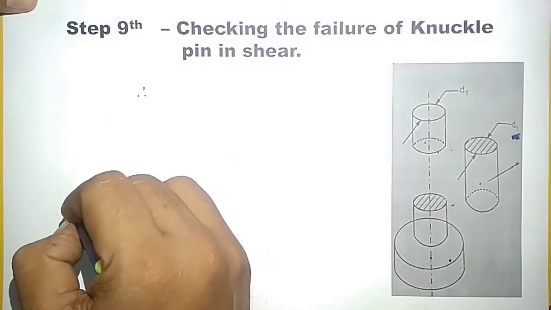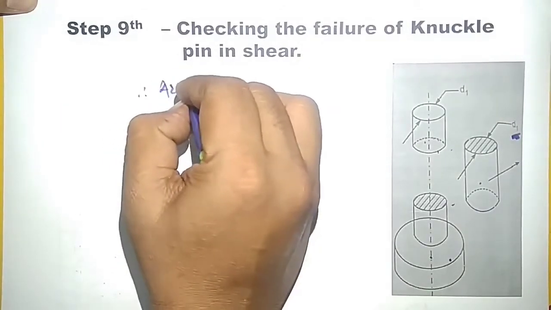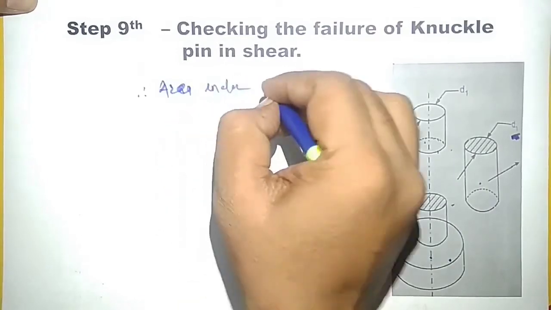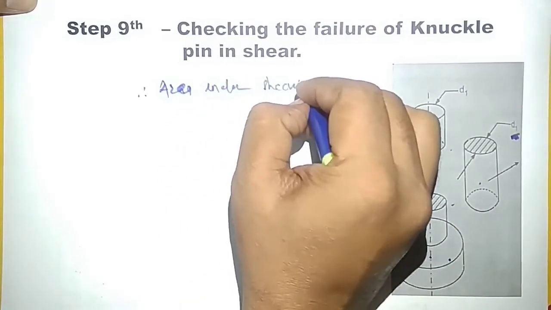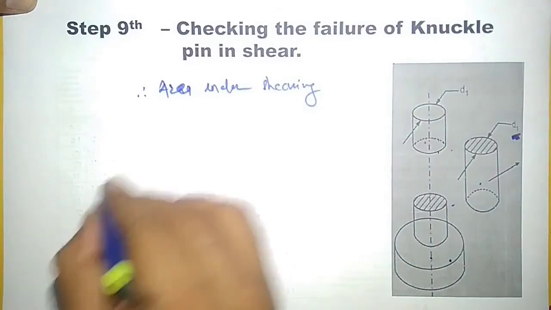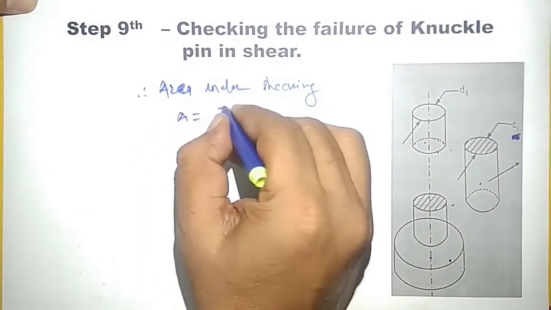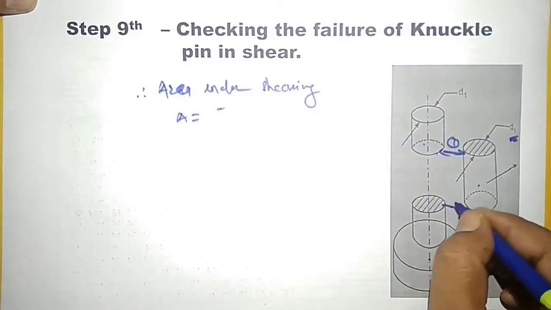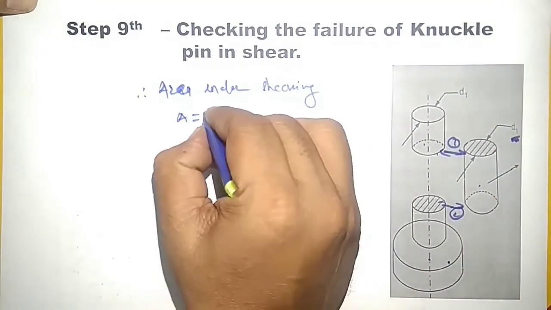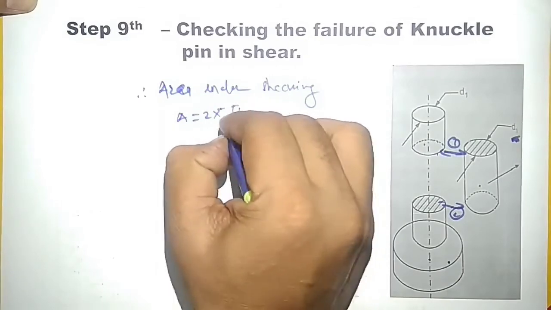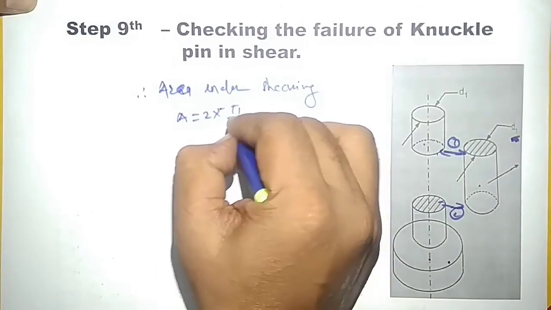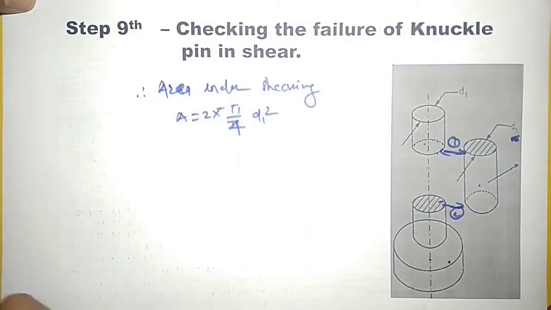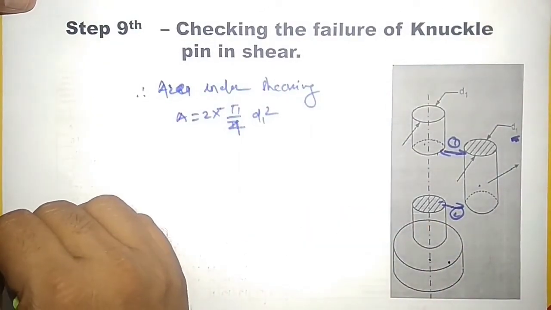Considering shear failure, the area under shear, with double shear, is 2 into pi by 4 d1 square, because it is a circular cross-sectional area. We have to consider the whole knuckle pin.